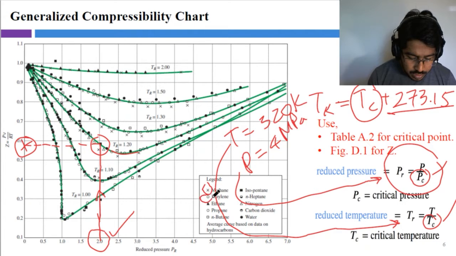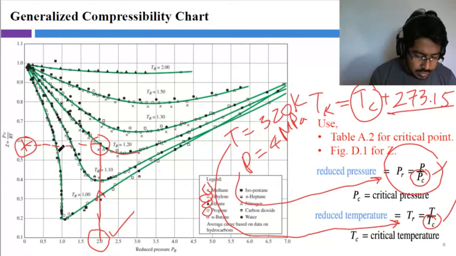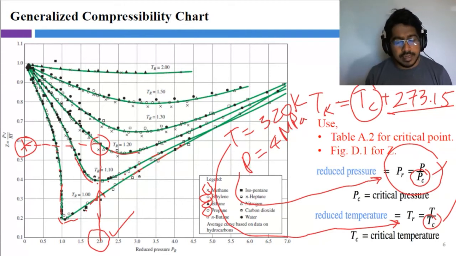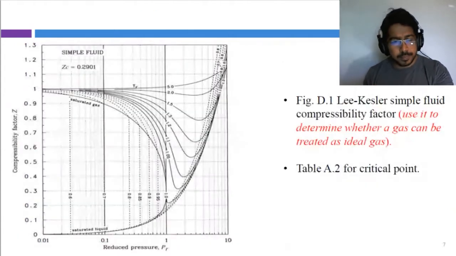Different symbols that you see here represent different substances, and you can see that all the symbols fall on these lines very nicely. So this relationship is not only valid for one gas, it is valid for multiple gases. That's why we can use this as a generalized figure to find the compressibility factor. So let's move on.